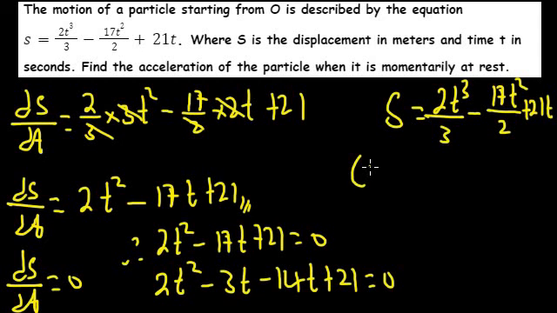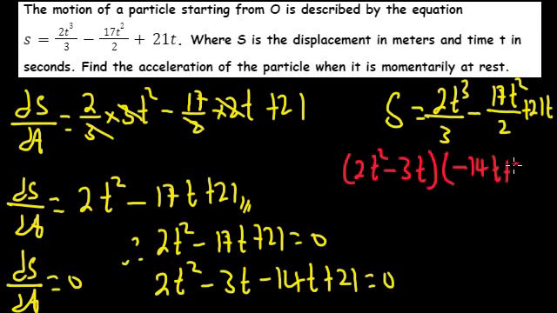Let me use a different color so that you won't mix them up. 2t squared minus 3t and minus 14t plus 21 equals 0. Keep in mind, the arrangement is irrelevant. Either it is 3 that is here or 14 is here, it doesn't matter. You'll be able to factor it.